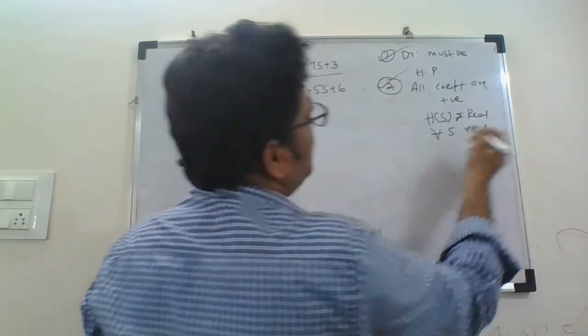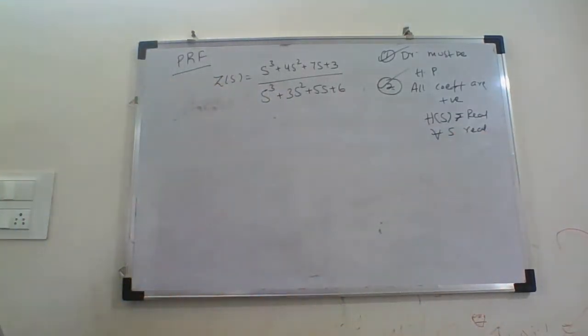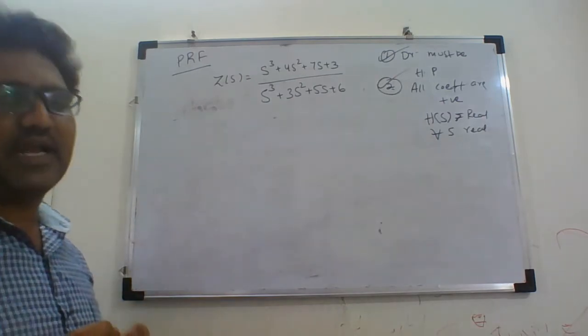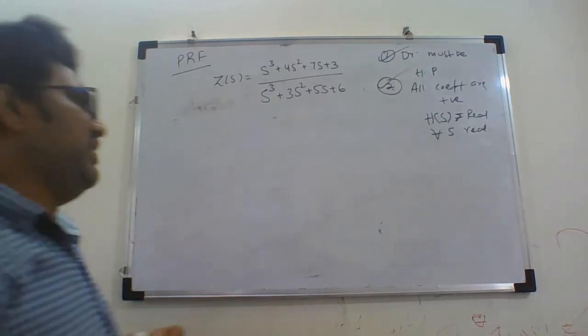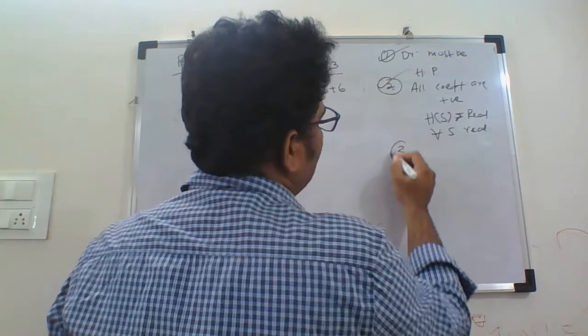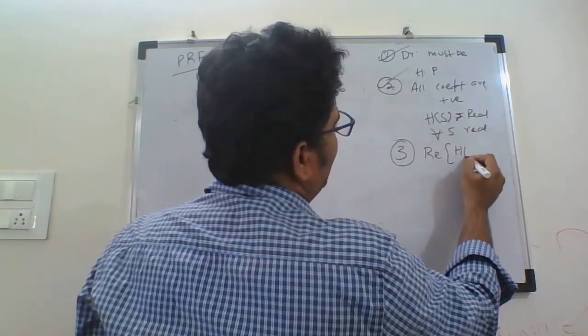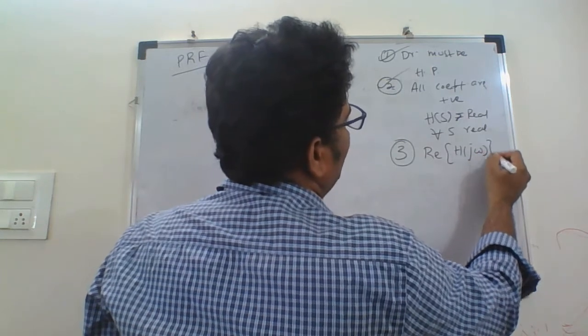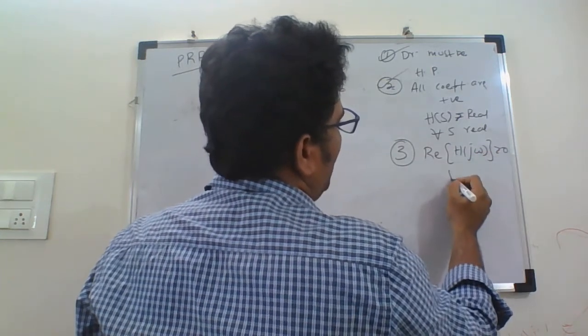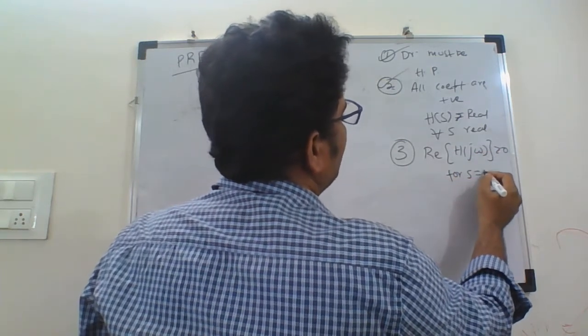If I substitute a real value of s, then H(s) will also be real. So that is the second condition, which is also satisfied. Now the third condition we need to check is that the real part of H(jω) should be greater than 0 for s equal to jω.